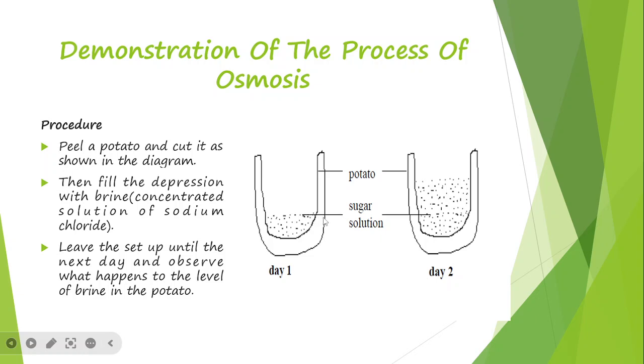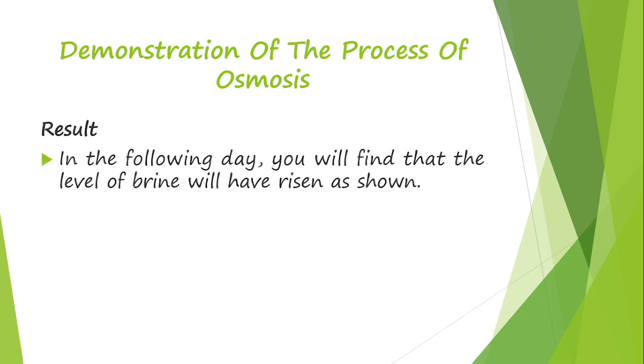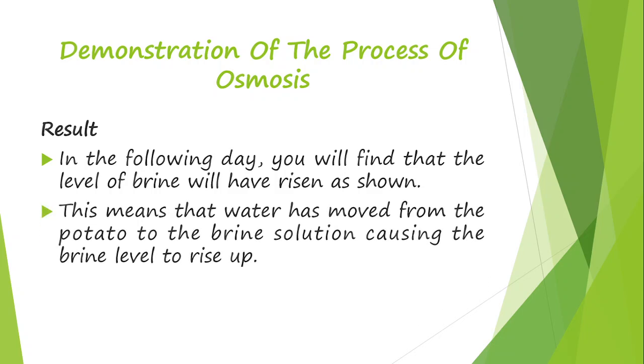Then we've left this for a single day and we observe what happens. As you can see here, the level of the brine has increased. So the result, as from the diagram, is that on the following day the level of the brine will have risen as shown. This means that the water has moved from the potato to the brine.